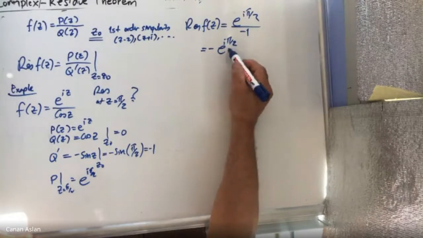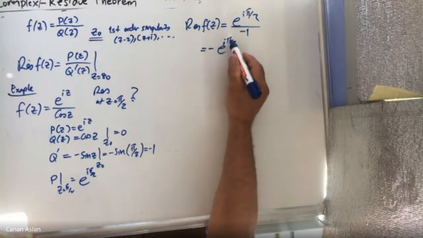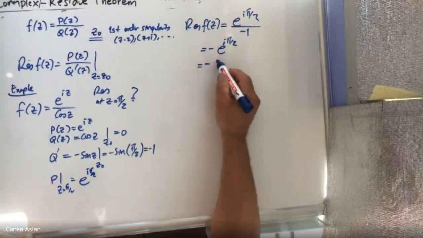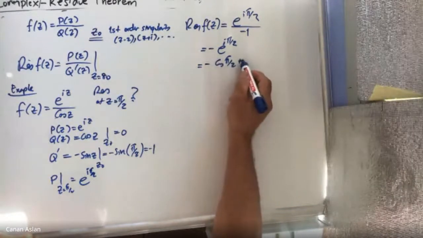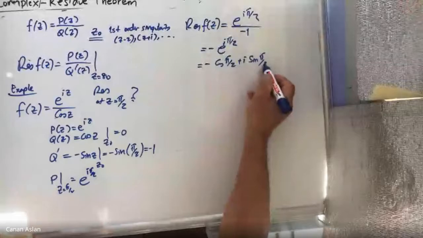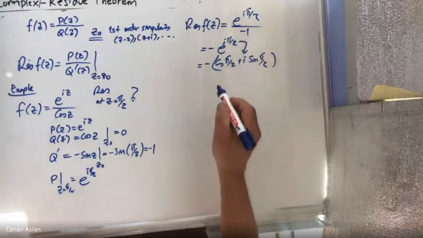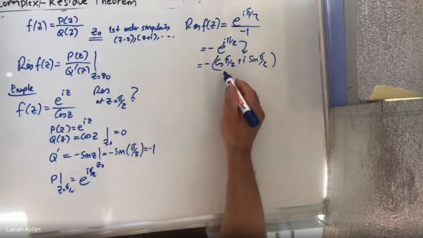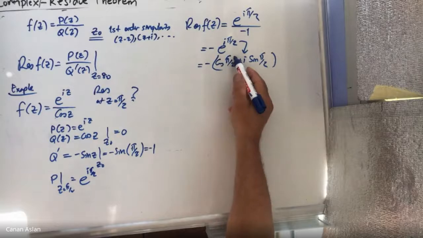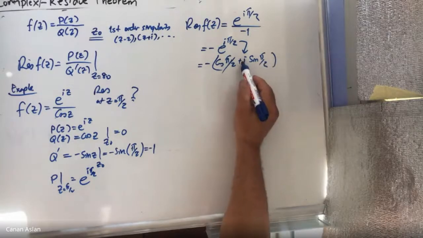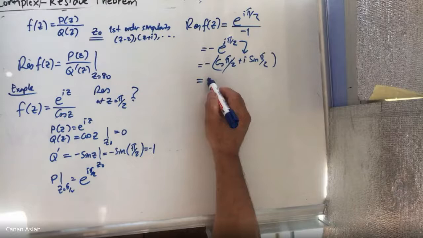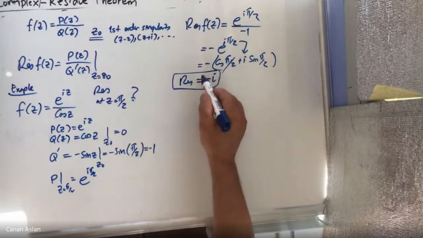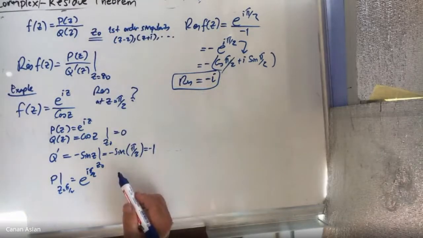But you know the property of this complex exponential function, that it is equal to minus cosine pi over 2 plus i sine pi over 2. So this is how you can write the exponential function, as you will remember. Cosine pi over 2 gives you 0, but sine gives you 1. It's just i and then minus i. So the residue at this point is just minus i. We found the residue.